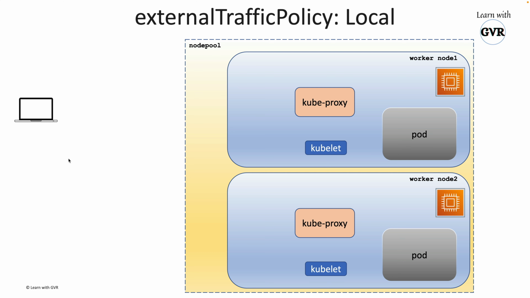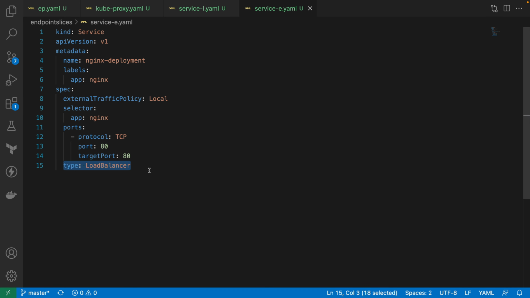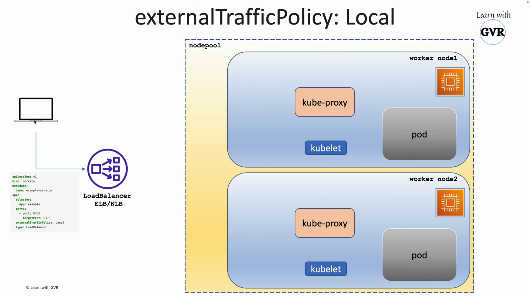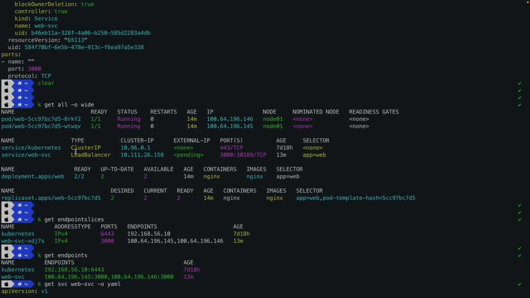Now there is one person who has taken a browser, and from external traffic, okay, not internal, he uses a service as a load balancer, same like how I did just now, right? Then it will go and create a network load balancer, something like how I created, right?